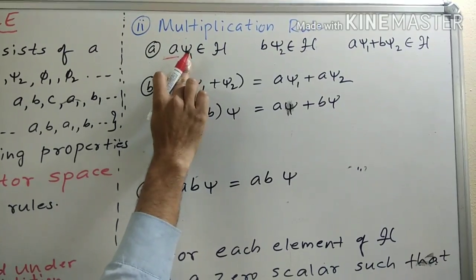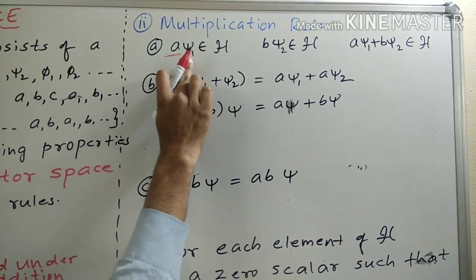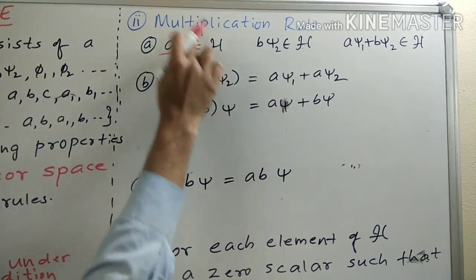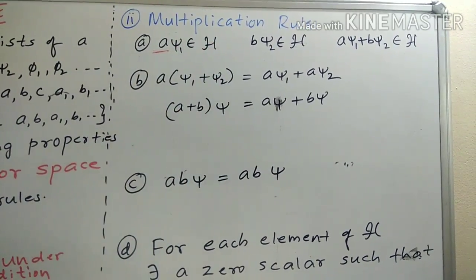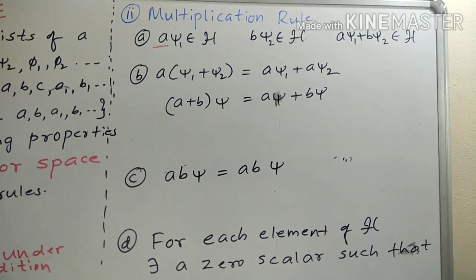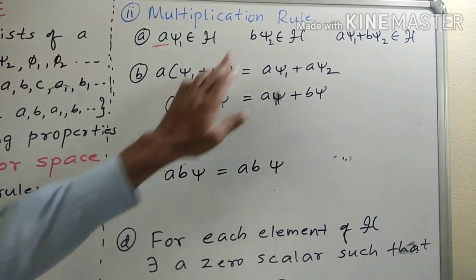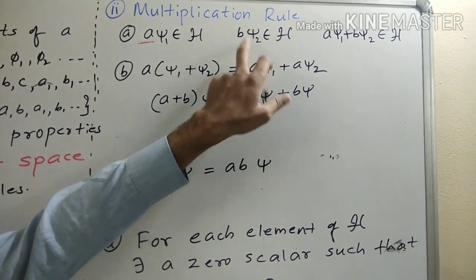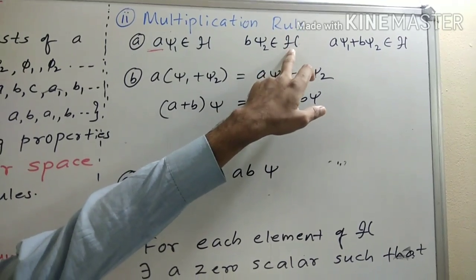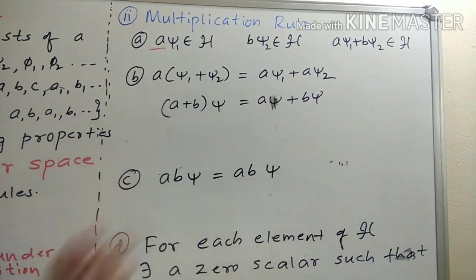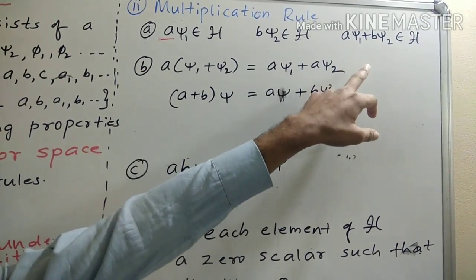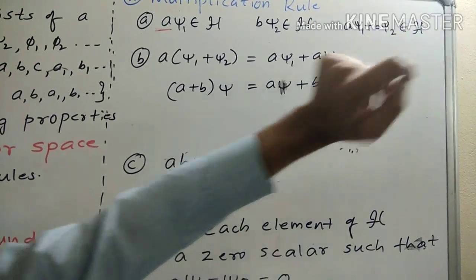Let us consider a vector psi1 that also belongs to the Hilbert space, and if you multiply, then whatever answer we get also belongs to the Hilbert space. Or take some other scalar B and some other vector psi2. Again, if you multiply, whatever answer we get also belongs to the Hilbert space, or you add these two, A psi1 plus B psi2, that also belongs to the Hilbert space.